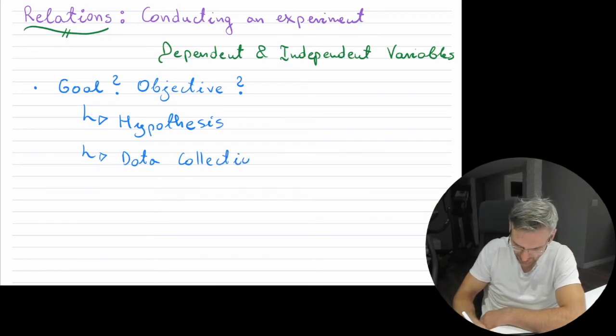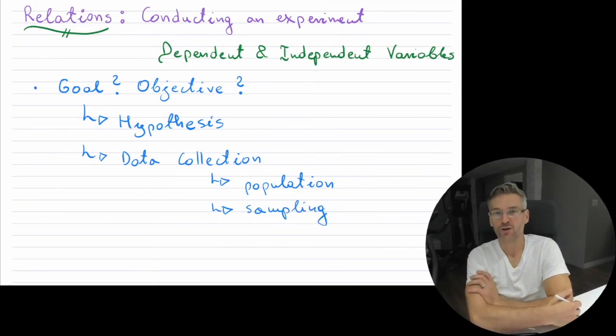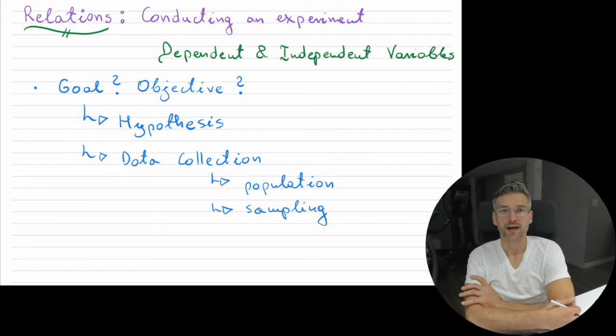And in that data collection, you're going to be asking yourself, can you possibly survey the entire population, or are you going to be using some kind of a sampling method of your choice? And is it going to be random, or are you not going to be making it random, meaning that it would be a biased sampling? So how we collect this data is up to you.